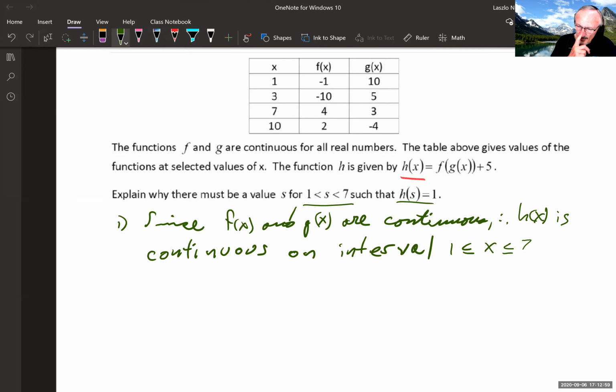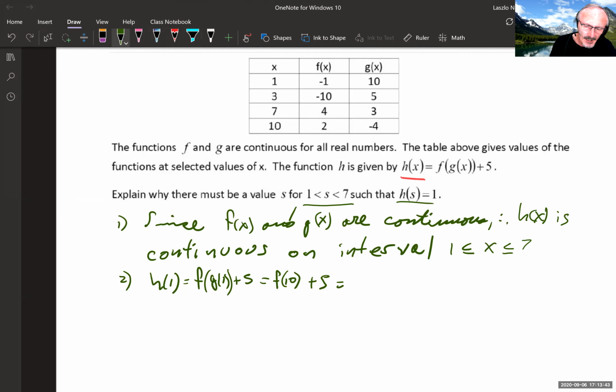The other component is that we need to identify h of 1 and h of 7. So let's work on that. I've got h of 1, and I need to find g of 1. g of 1 is right here, and we are able to identify that as f of 10 plus 5.